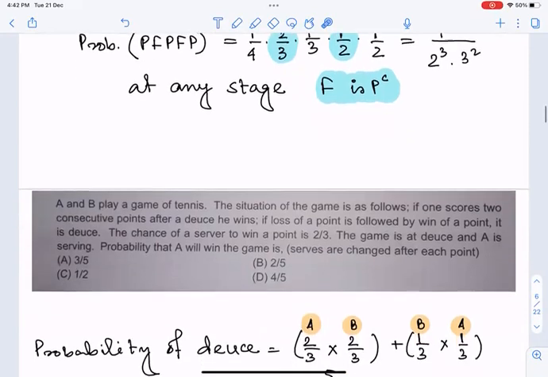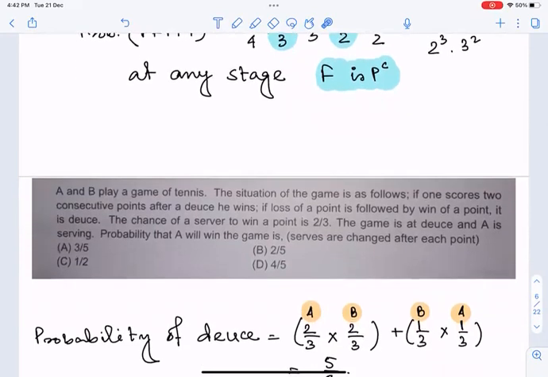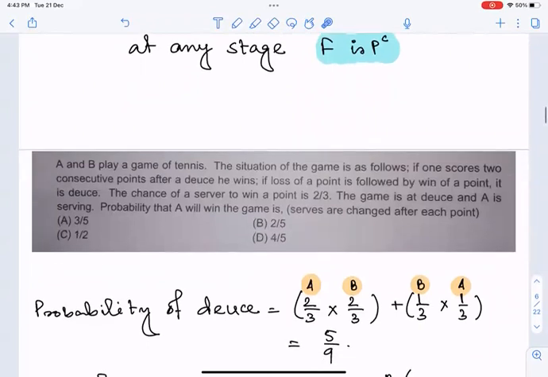So if I consider the probability of deuce firstly, it can be A wins his or her own service and B wins his or her own service. So A and B winning their own services in the first 2 tries, that's 2/3 into 2/3, or otherwise B wins the service of A and A wins the service of B, that's with probability 1/3 into 1/3. So that means the probability of another deuce is going to be 5/9. Our requirement varies as per the number of deuces to follow.